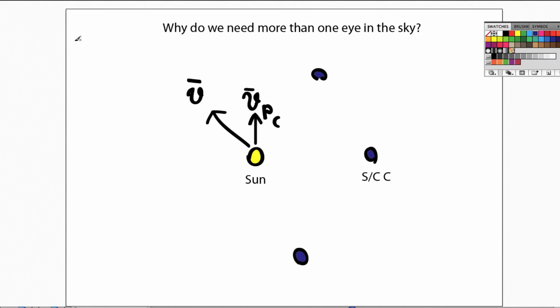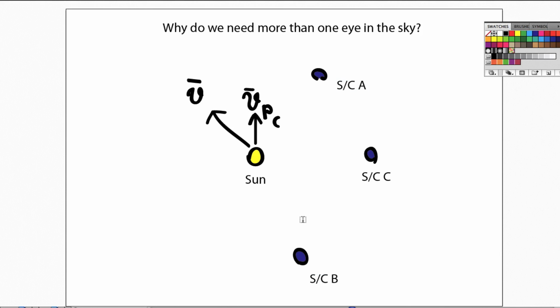Let's call this one here spacecraft A, and this one here spacecraft B. Now you will see the purpose of this naming convention. Spacecraft A illustrates the location of the STEREO Ahead spacecraft, and spacecraft B illustrates the location of the STEREO Behind spacecraft.